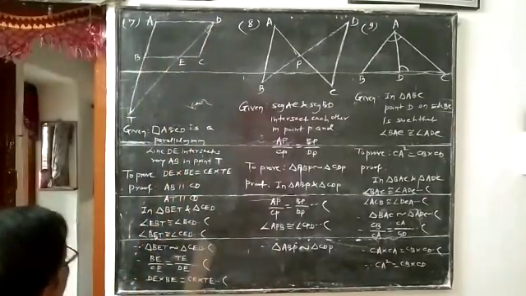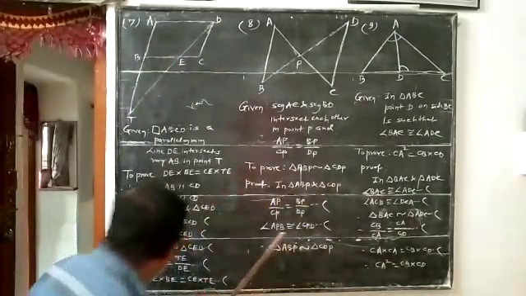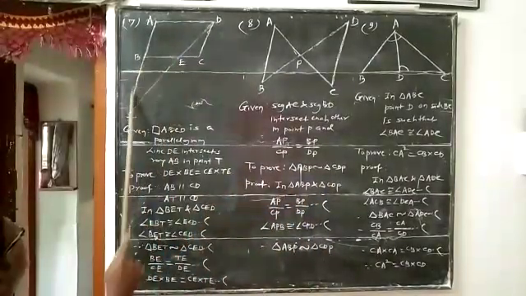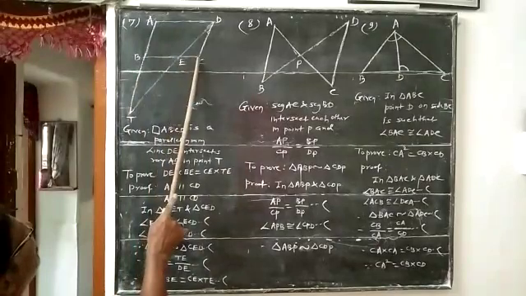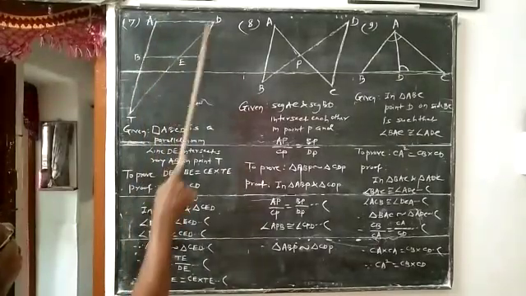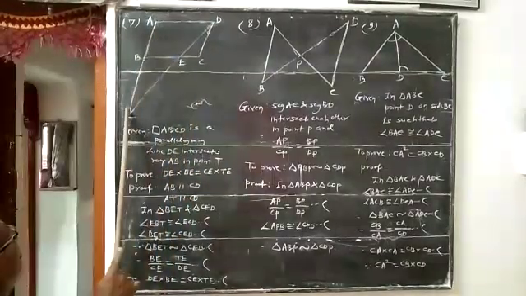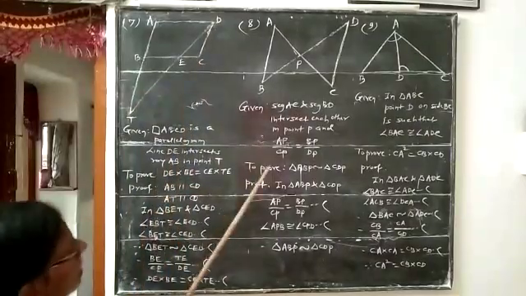In these two triangles, angle EBT is congruent to angle ECD. These two lines are parallel, and BC is the transversal. When two parallel lines are cut by a transversal, alternate angles are congruent.